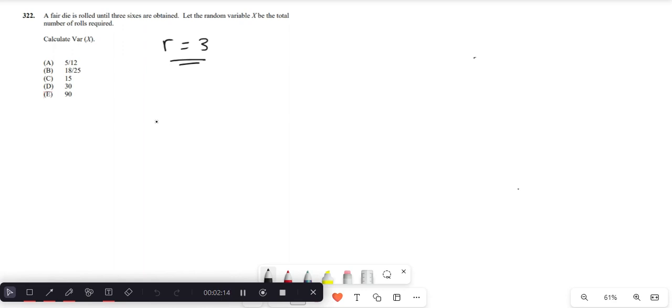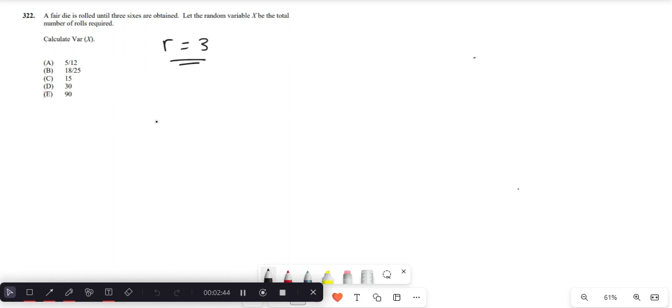Just a bit more information on the negative binomial distribution. It's really just a generalization of the geometric distribution. With the geometric distribution, X would be defined as the number of trials required to get the first success.